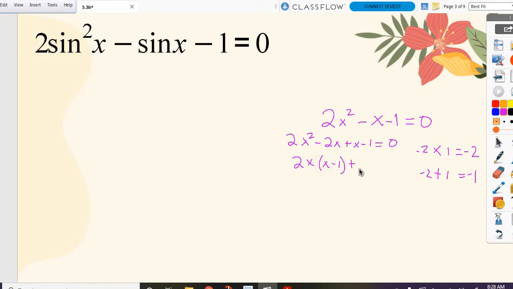And then I'm going to group my first 2 together and factor out my greatest common factor. Group my second 2 together and factor out my greatest common factor. And then what I have in parentheses should be the same thing, which in this case is x minus 1. So then we're able to factor out that x minus 1, and we're left with 2x plus 1. And then that is our factored form.